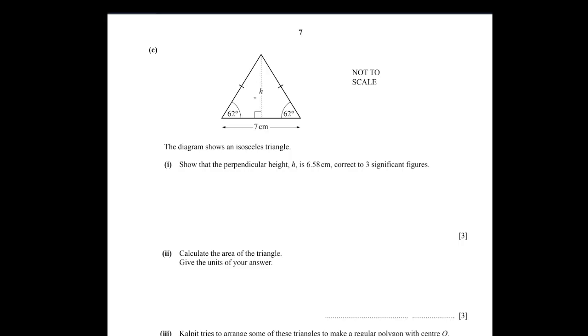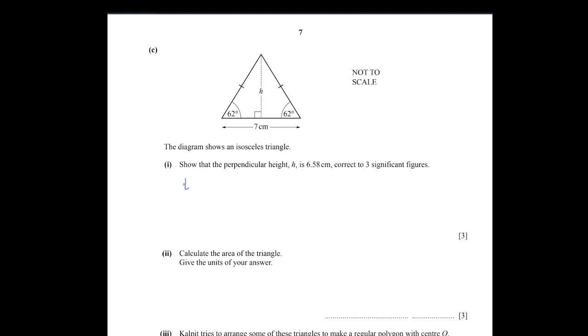So when you take the isosceles triangle, the height will divide the base exactly into half. So 3.5, 3.5. Using the tan rule here we can find out, taking the half triangle here.